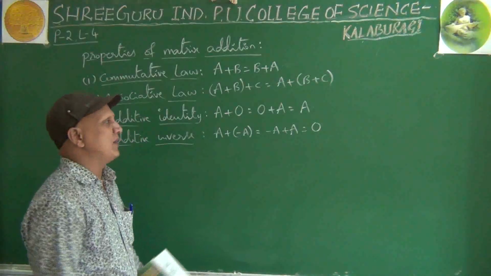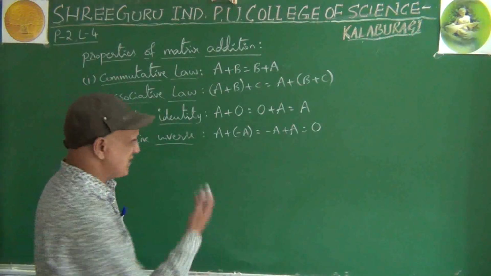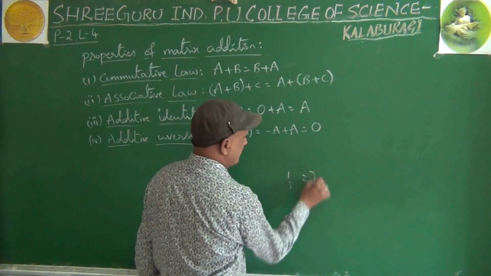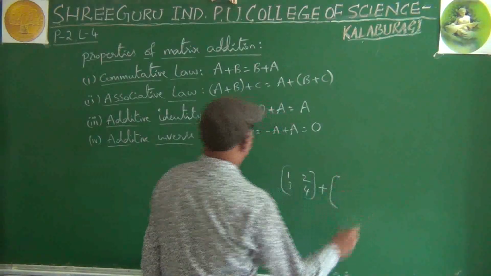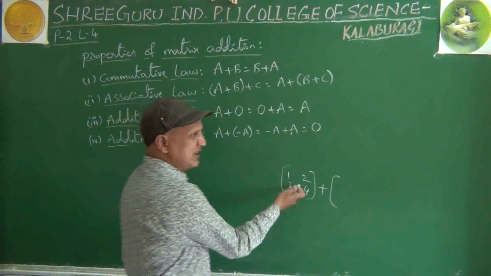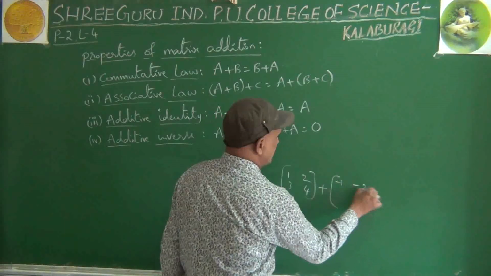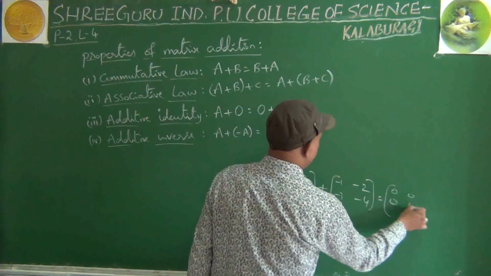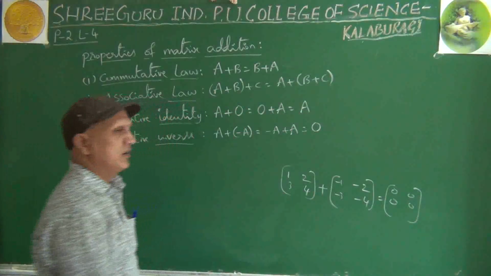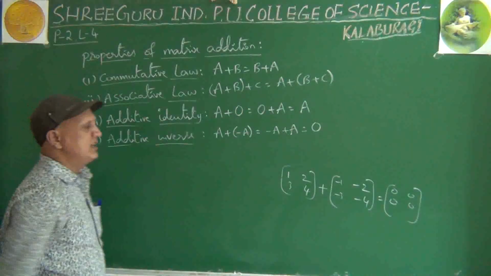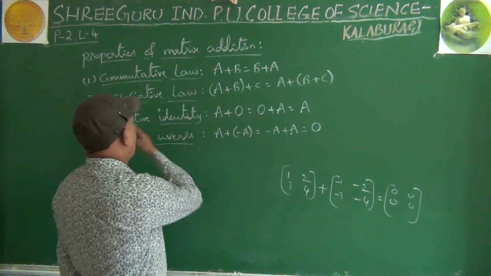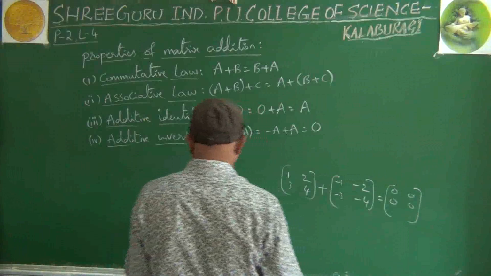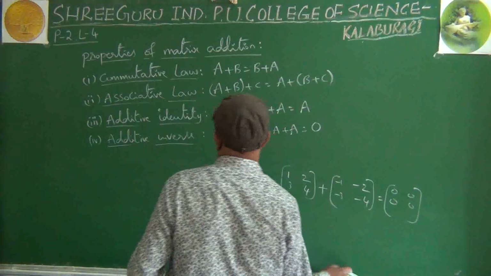Very simple concept. Capital A is 1, 2, 3, 4 plus what is minus A? Minus of this one: minus 1, minus 2, minus 3, minus 4. What is the answer? 0, 0, 0, 0. Okay, so this is called the additive inverse. This is one additive identity. Clear? The next one is the properties of scalar multiplication.